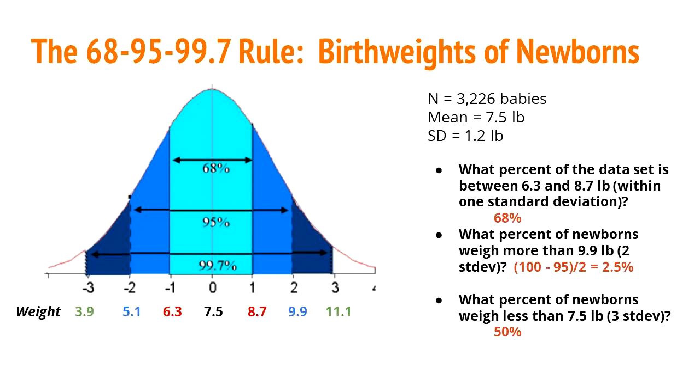So anybody that's 2 standard deviations away is 95%. So we take 100% and subtract 95. Divide that by 2 because we only want the upper portion, and that leaves me with 2.5%. And then the percent of newborns that weigh less than 7.5, 7.5 is right smack in the middle. So all of the data to the left of 7.5 would be 50%.